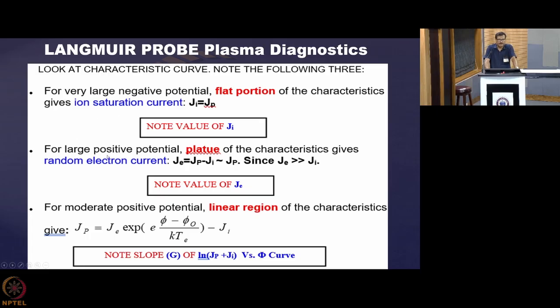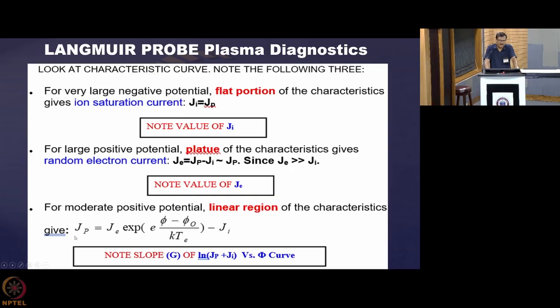In the region where you are applying a very large potential, you get the current J, which is almost constant, as you have seen for your planar electrode, and for moderate positive potential you get the linear region.